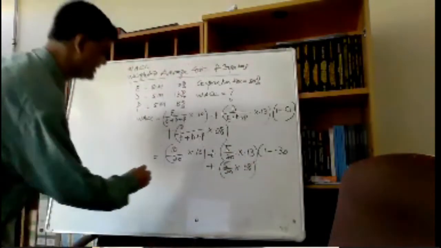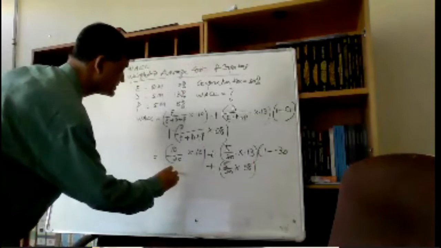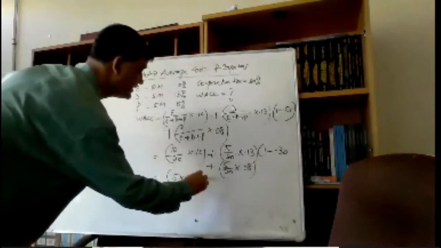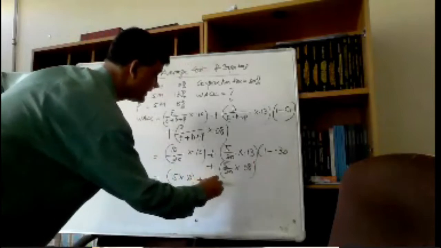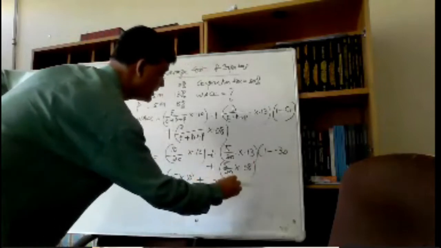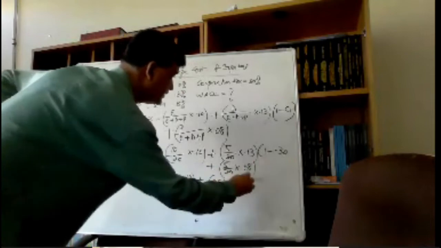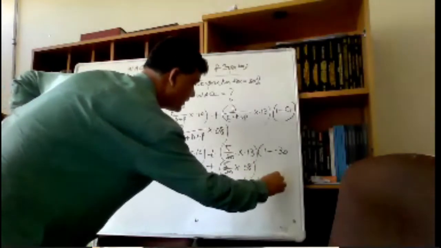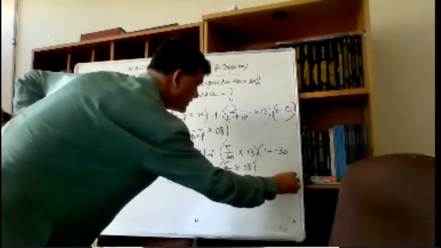So you have 0.5 multiply 0.10, here you have 0.25 multiply 0.13 multiply 0.70, and here you have 0.25 multiply 0.08.